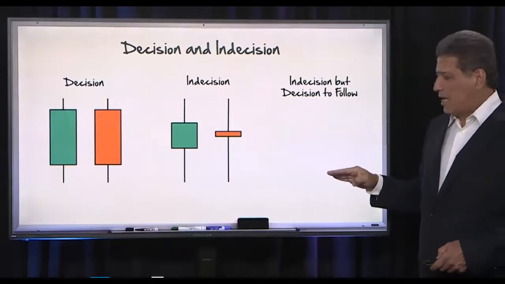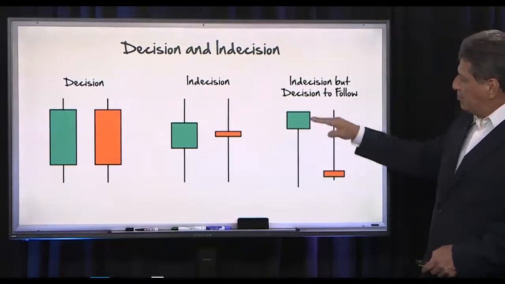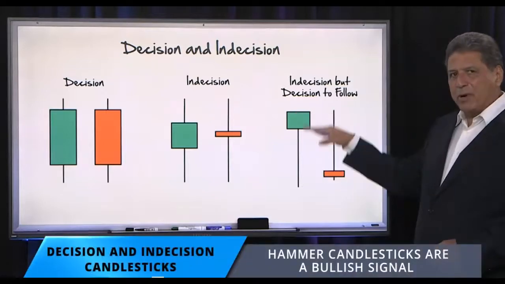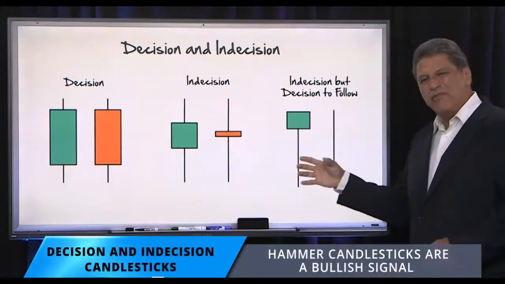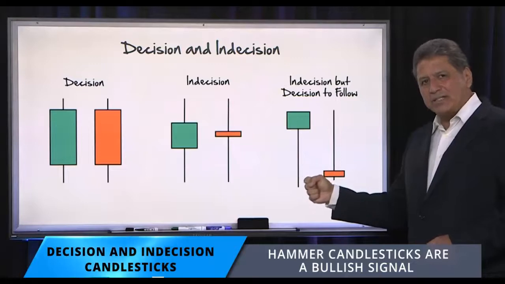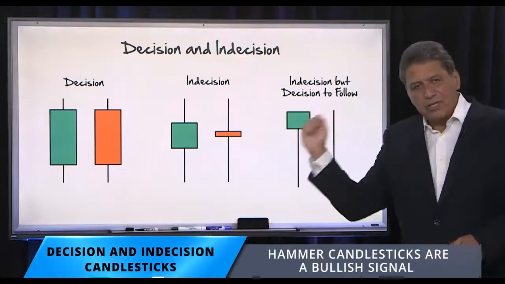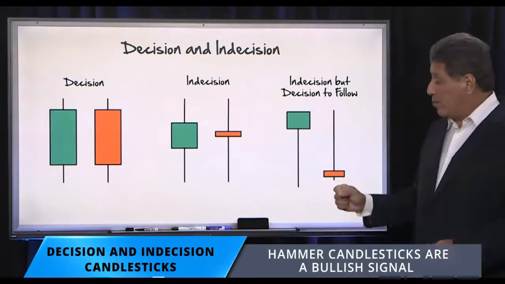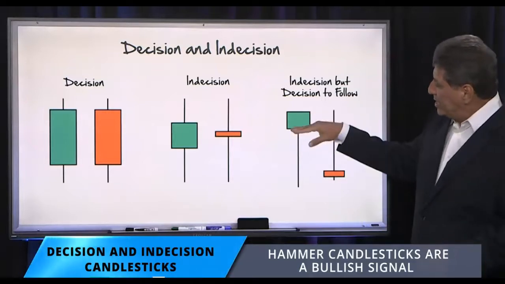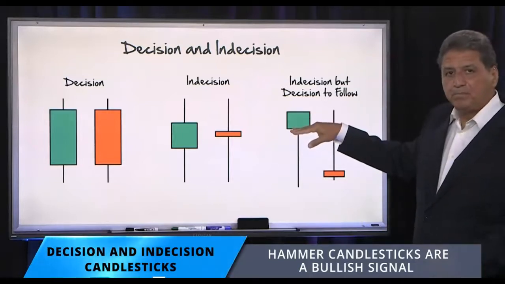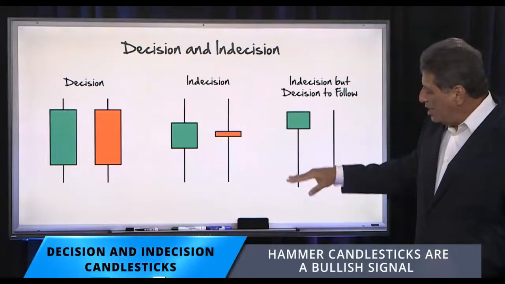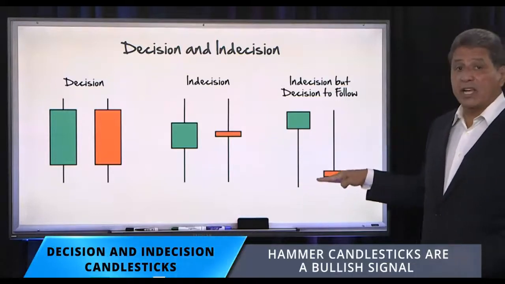Now, this is what's called an indecision candle. Now, if you really look at this, this is called a hammer. If you envision grabbing the bottom of this, and this is the head of the hammer, see, that's how I remember it anyway. But if you look at this, prices opened up here. And then at one time, this was a full-bodied bearish candle.